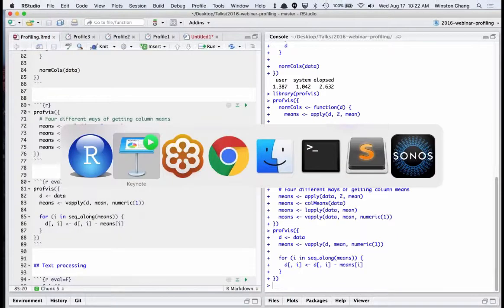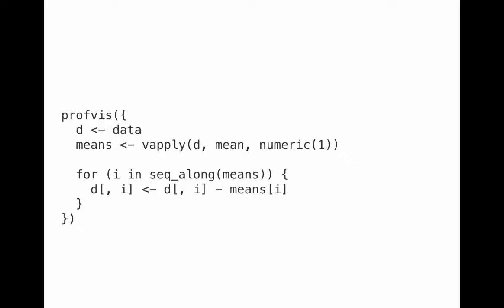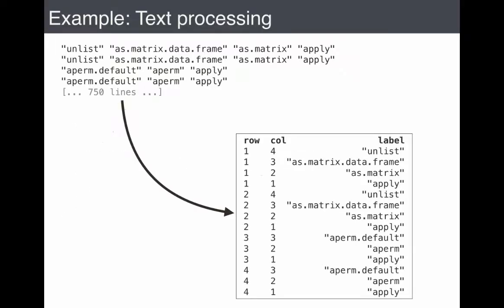Okay, all right, I want to show a second example. This is a problem that came up while I was working on Profvis and processing the data. The data that's recorded by the profiler looks like this.